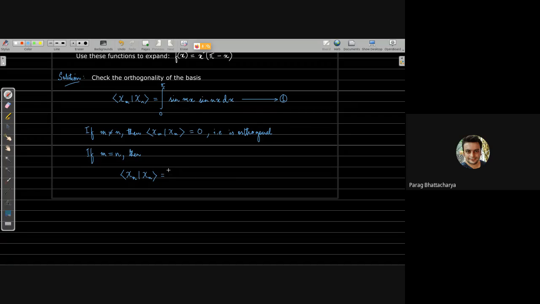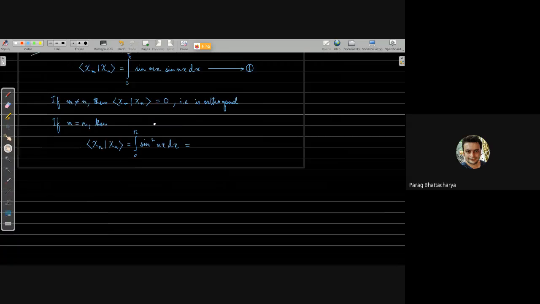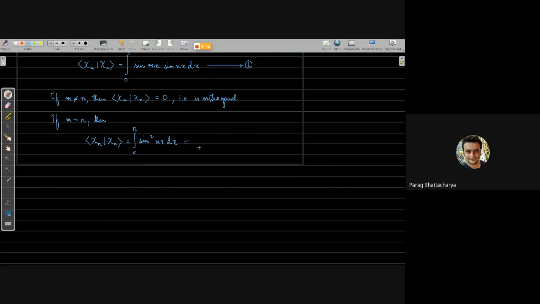So this is going to be equal to the integral from 0 to pi of sine square nx into dx. Can someone evaluate this? All of you evaluate this and tell me what's the answer. This is very straightforward.